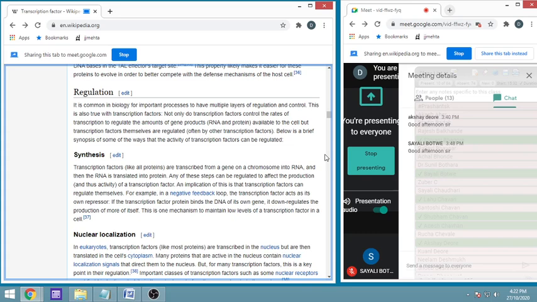So how can these transcription factors be regulated? Their synthesis can be regulated. Just like feedback, I told you many times today, there can be positive and negative feedbacks.